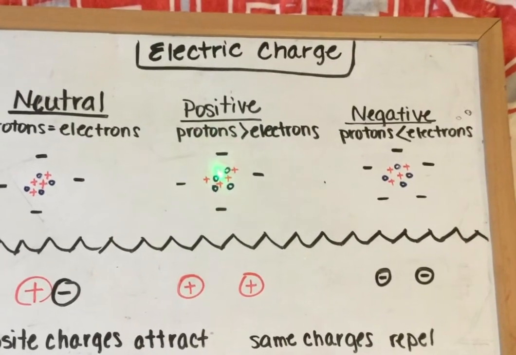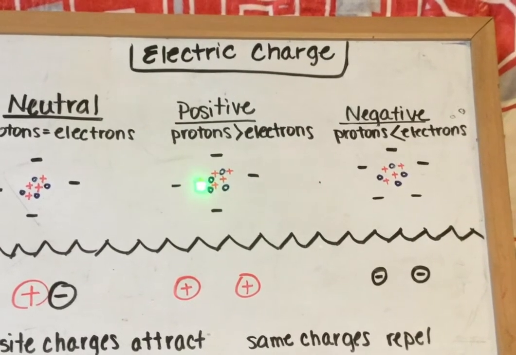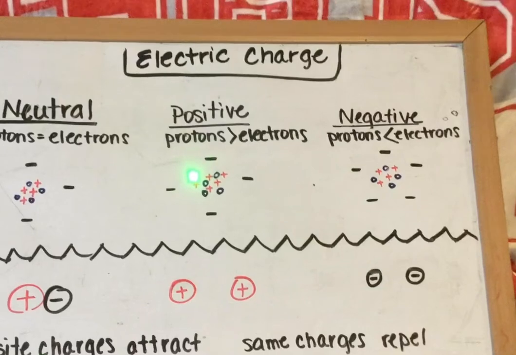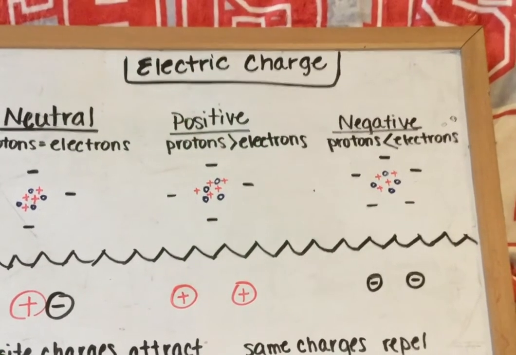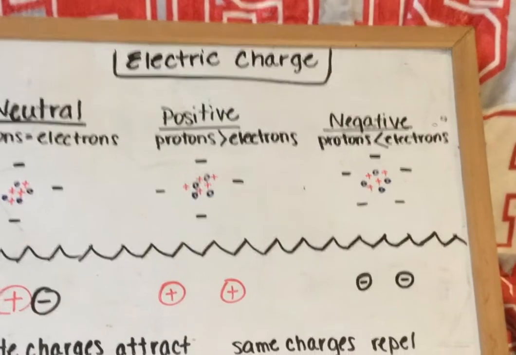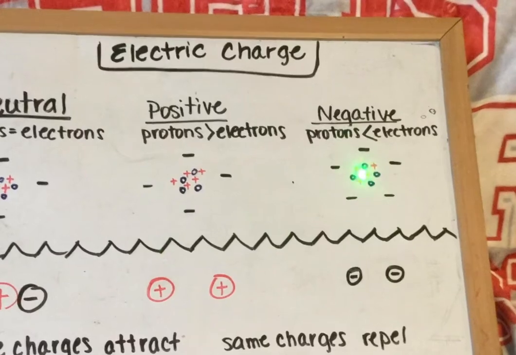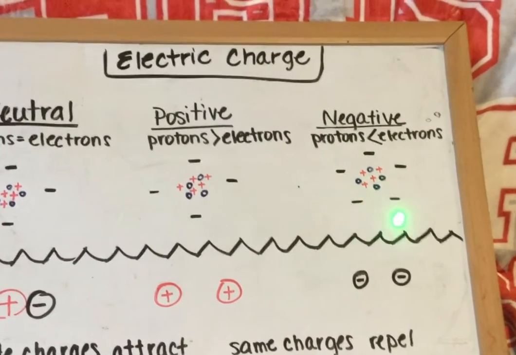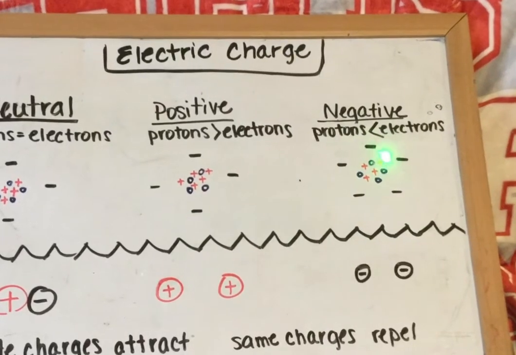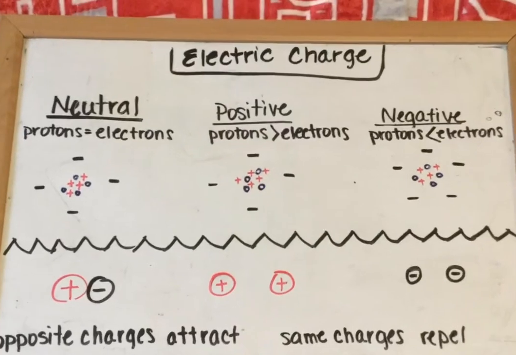So this one will annihilate that, that one that, that one that, and that one that, and then we have 1 extra proton, 1 extra positive charge, so this ends up a positively charged atom. Negative is the opposite. Your protons are less than your electrons, so we have 4 protons and 5 electrons, which is 1 extra electron, so we have a negative charge for this atom.